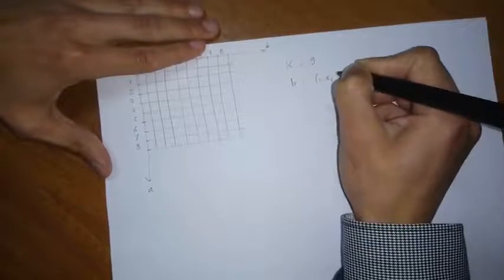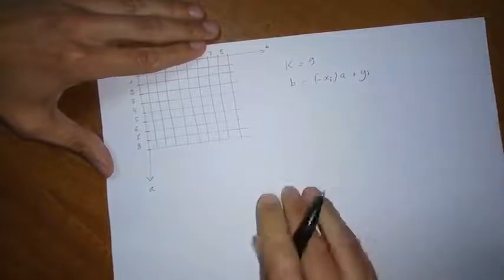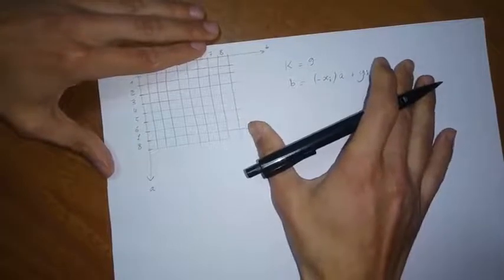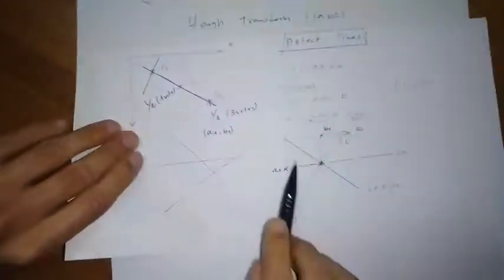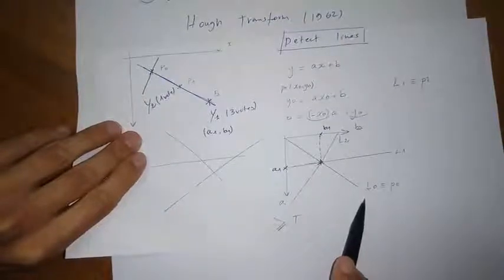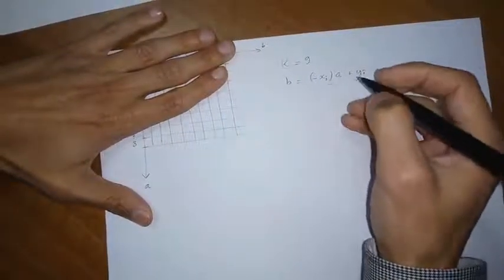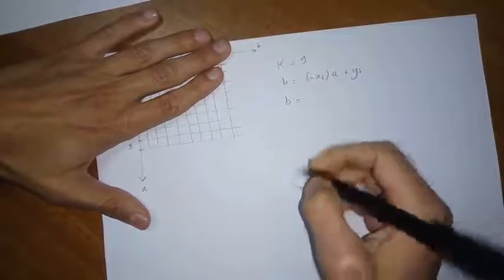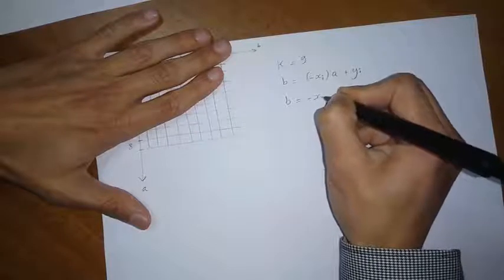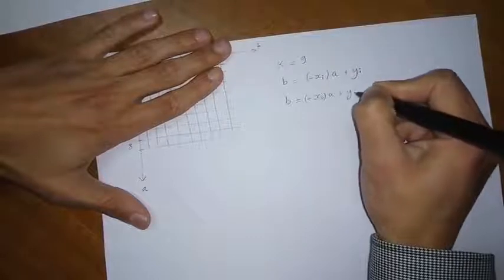Now, for a given edge point, for example the point P0, to get this line on the discretized AB space, I have to take the coordinates of that edge point, which are x0 and y0, and plug them in this equation. So I get B equal to minus x0 A plus y0.